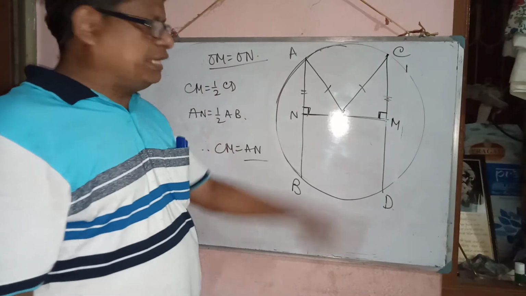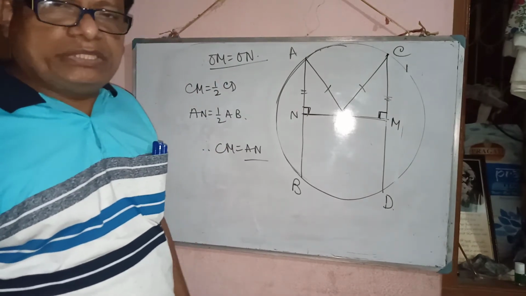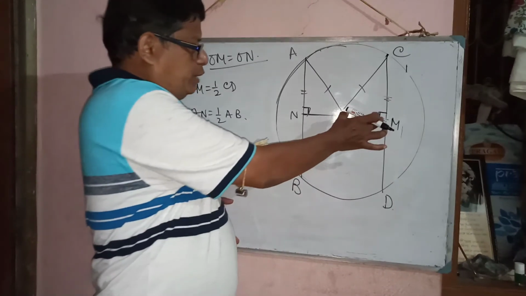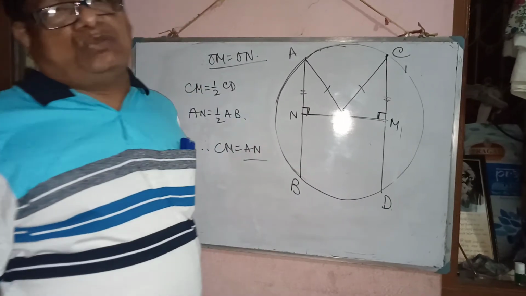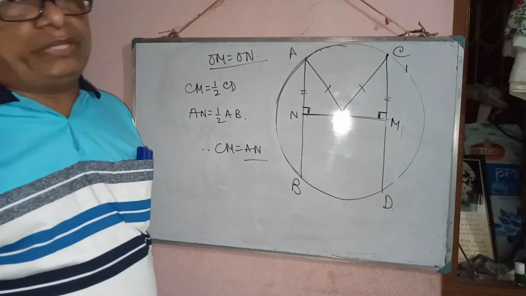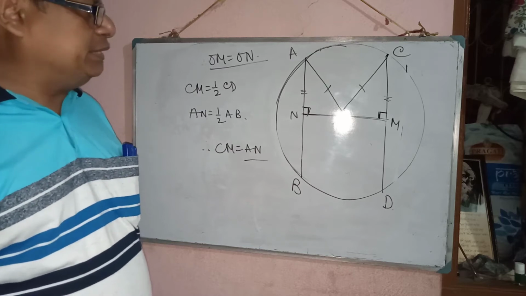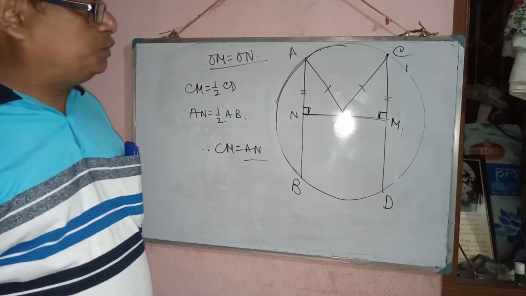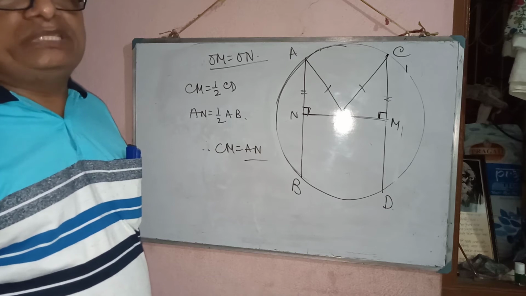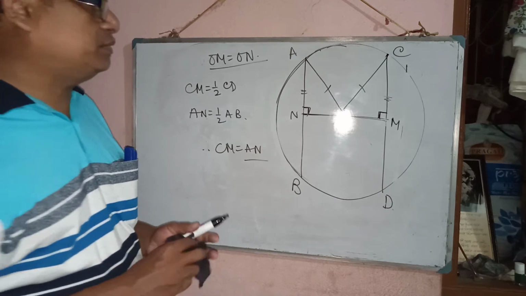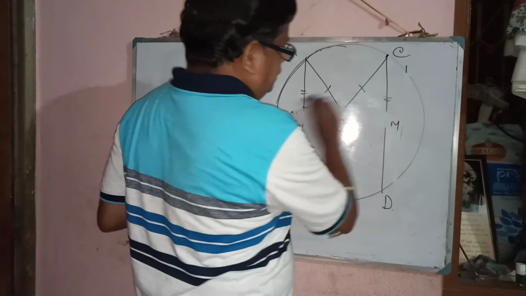So the triangles are congruent. Since congruent, OM equals ON. That is, two equal chords are equidistant from the center.